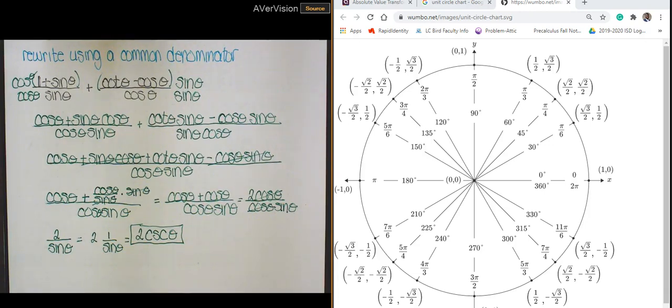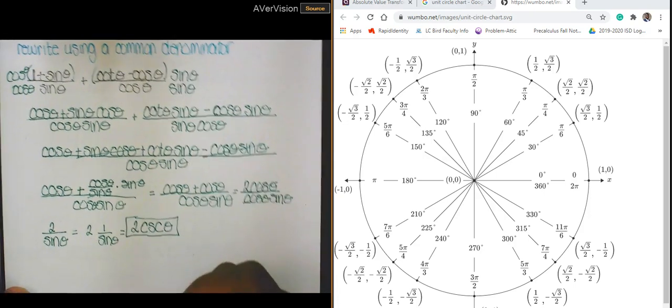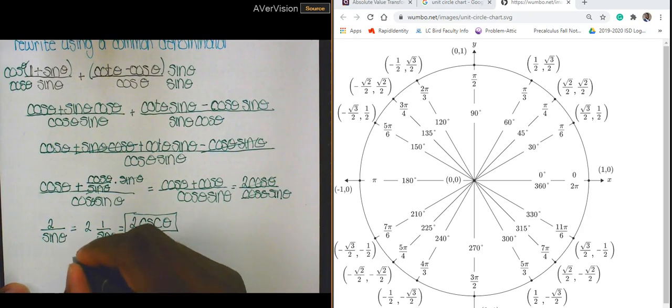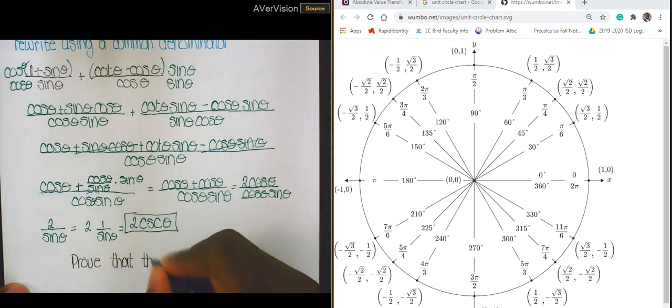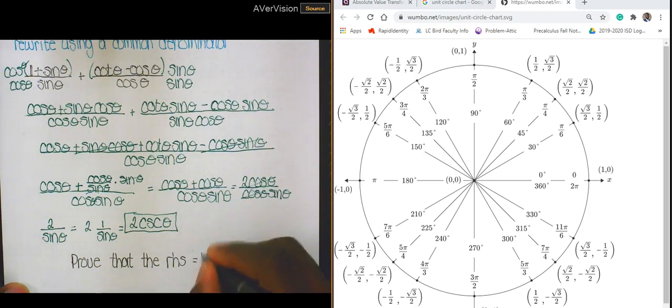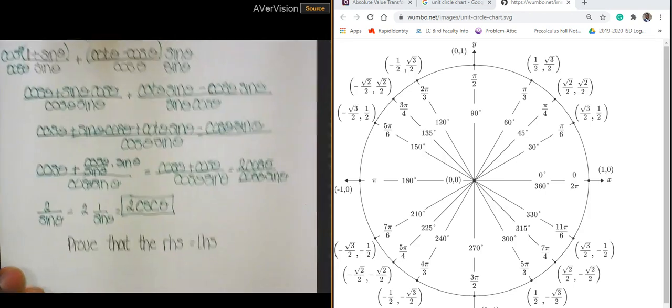So that is simplifying. The next thing we're going to do is proof. We have to prove that the right side of the equation is equal to the left-hand side.